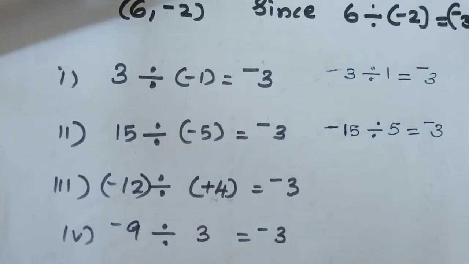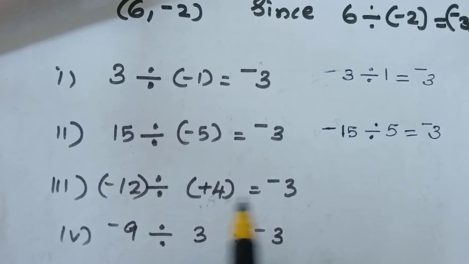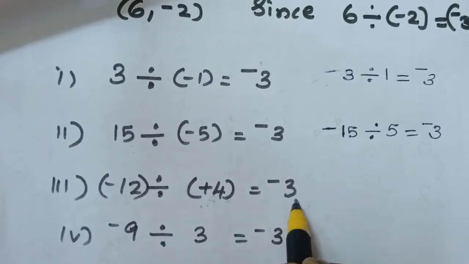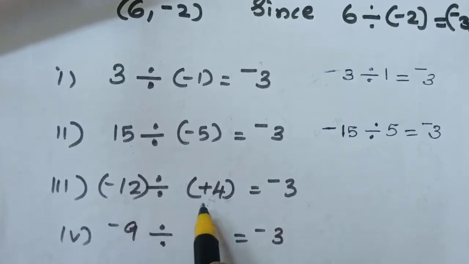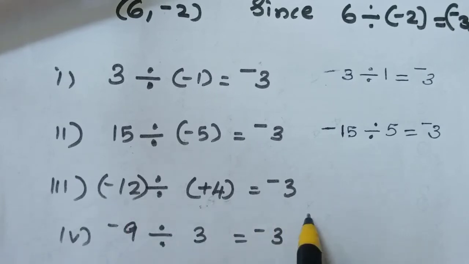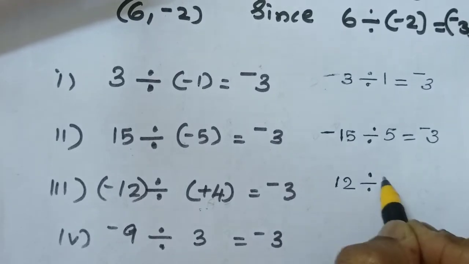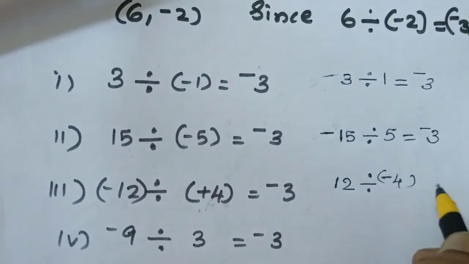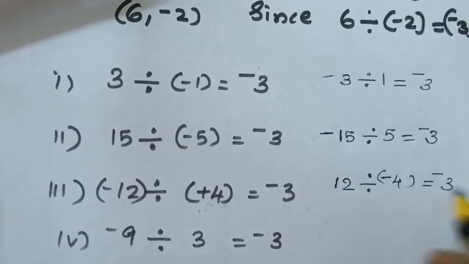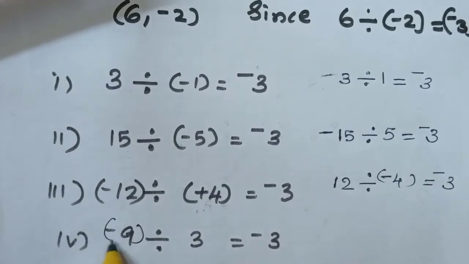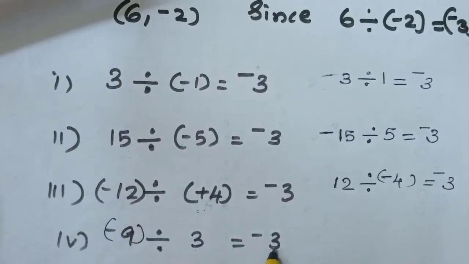Another one, -12 divided by 4 is equal to -3. Negative by positive is negative. 12 by 4 is 3. So -12 by 4 is -3, or 12 divided by -4 is equal to -3. Then -9 divided by 3 is equal to -3.